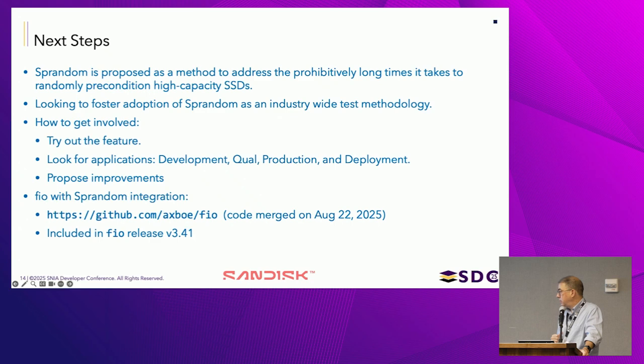I have a link here to the FIO code, and as I said before, it's been released in version 3.41. There are discussion sections on the GitHub FIO site where you can ask questions and see some of the tests and questions that were asked before.